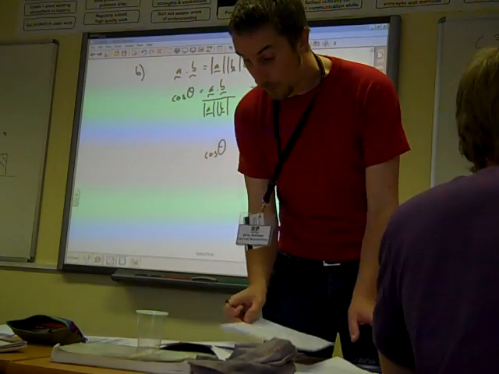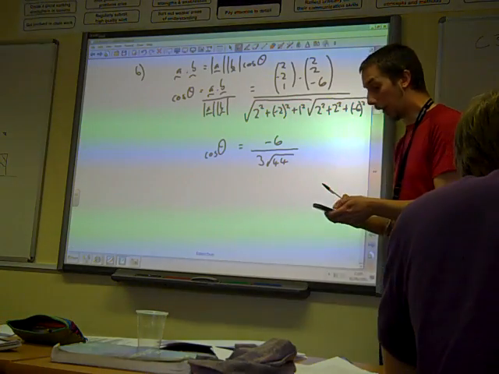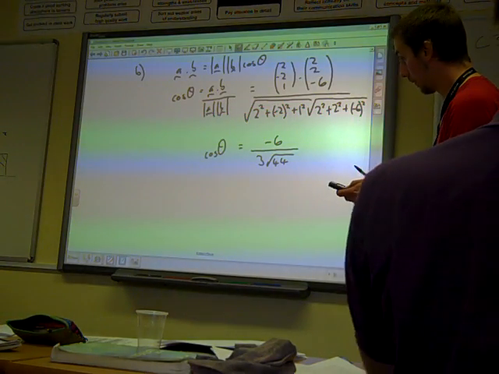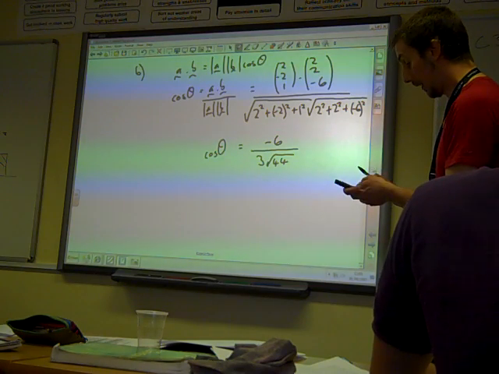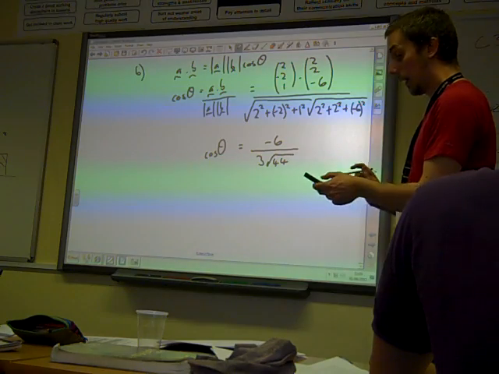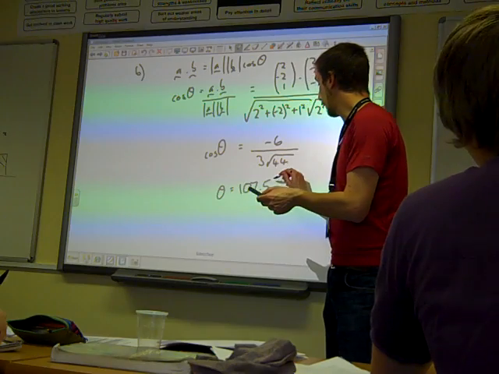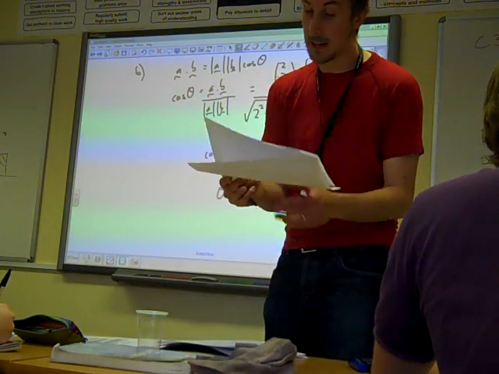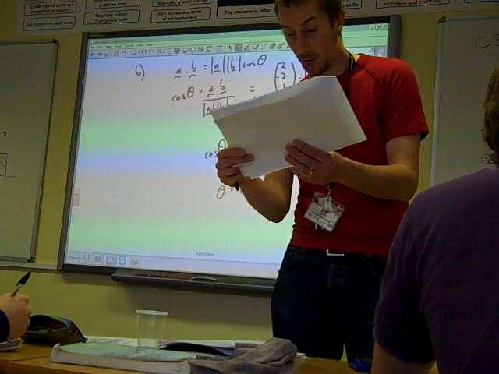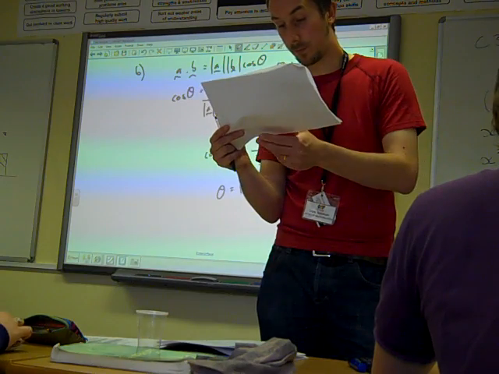Now if we do inverse cos of -6 over 3 root 44, then we get our answer. Theta is 107.5 degrees. It didn't say find the acute angle, so I'm guessing that's what they want.